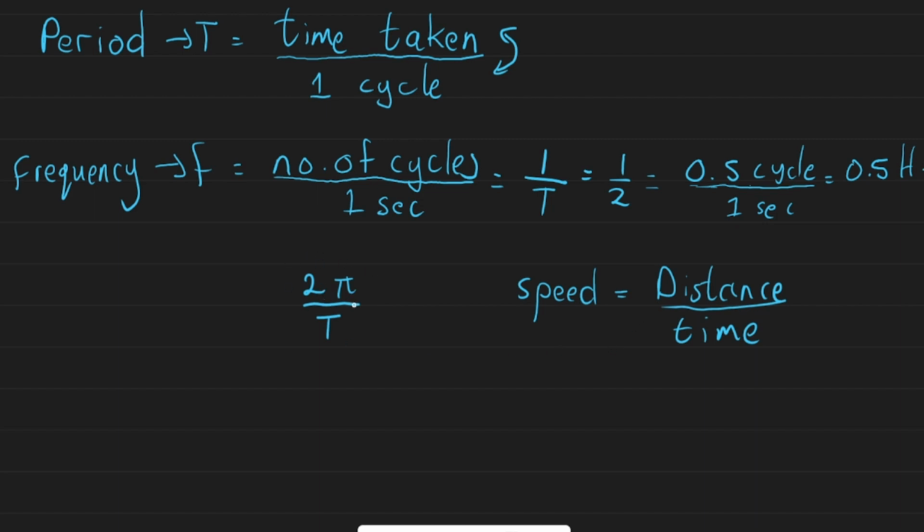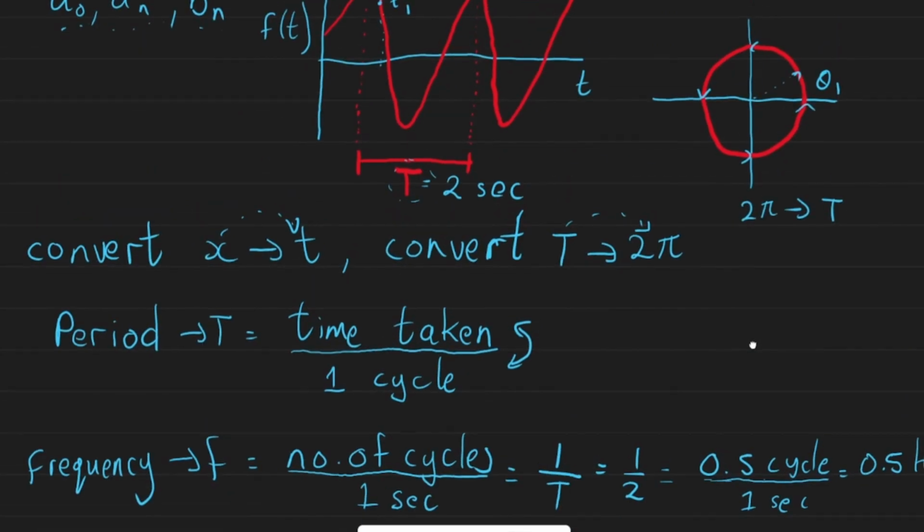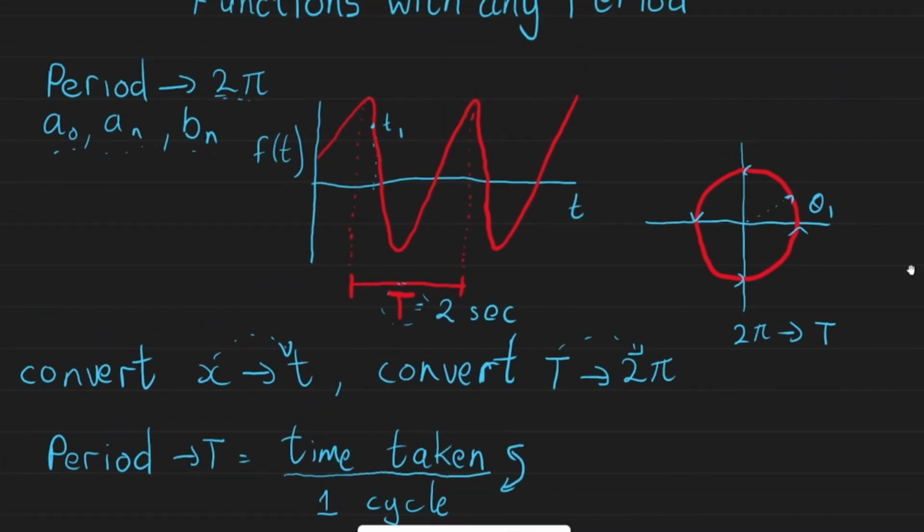So this 2 pi radians is kind of our distance traveled in terms of the angle and this time taken is the period. So what we have created is some kind of speed, or rather some kind of velocity of the amount of time it took to move around that circle. So that is given a name, specifically the angular velocity. So that's the angular velocity. So with this angular velocity, we're saying that this is the speed it takes.